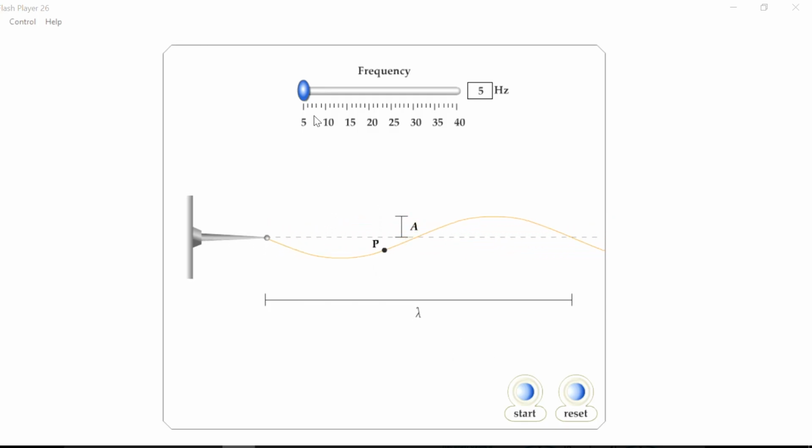You can see here, I can lower the frequency of the vibration of the mechanical arm. In the same amount of time, the mechanical arm goes through fewer oscillations. I can also increase the frequency.